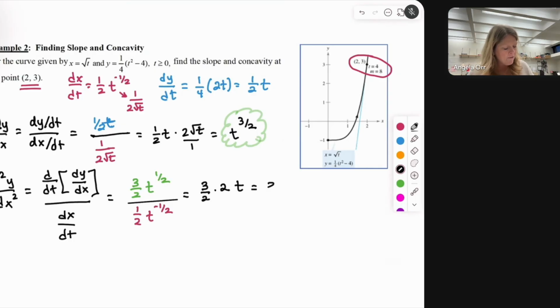So our final result is that the second derivative is equal to 3t.